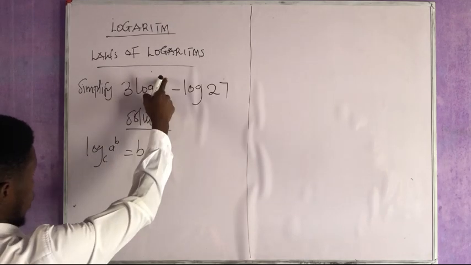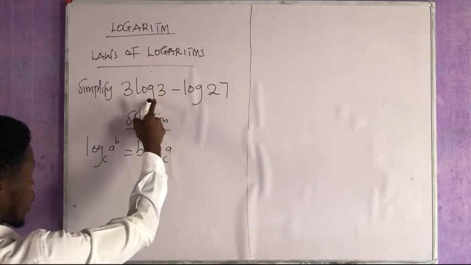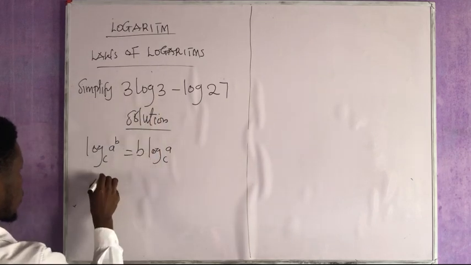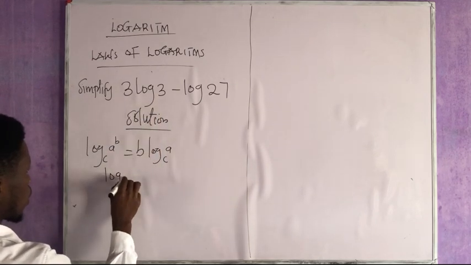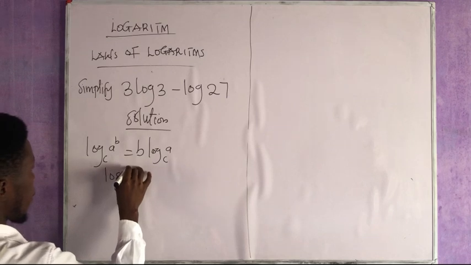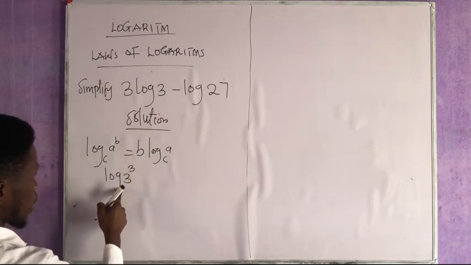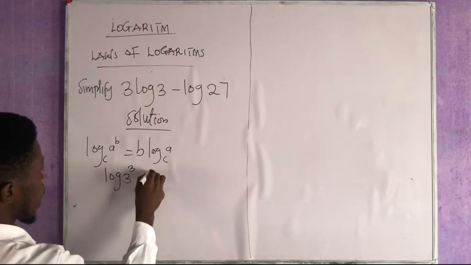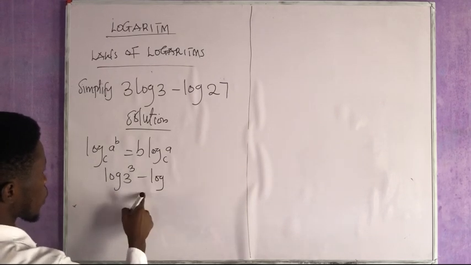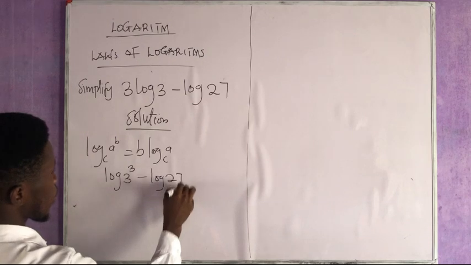So I can bring this 3 here. The base is what? 10. So bringing it, I have log 3 power 3 base 10, but I don't write the base, minus log 27 base 10.